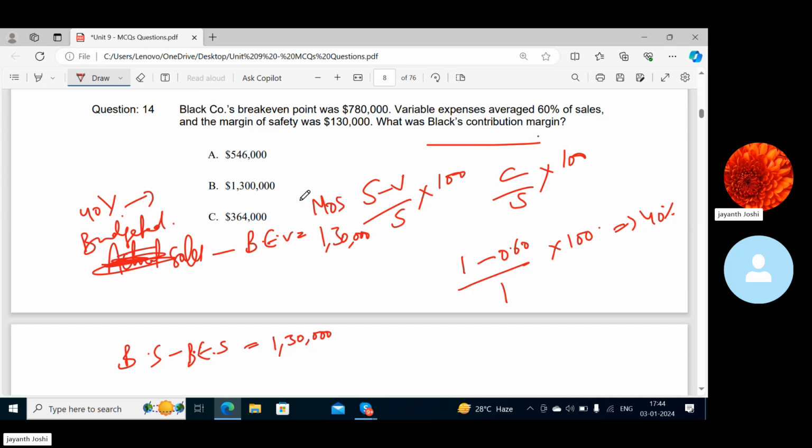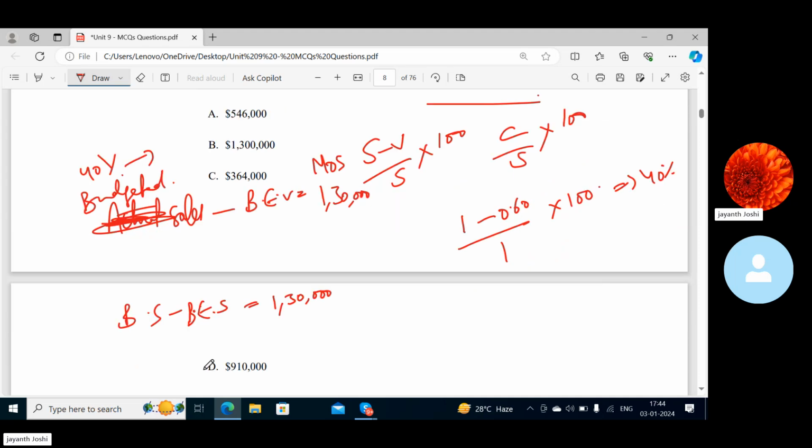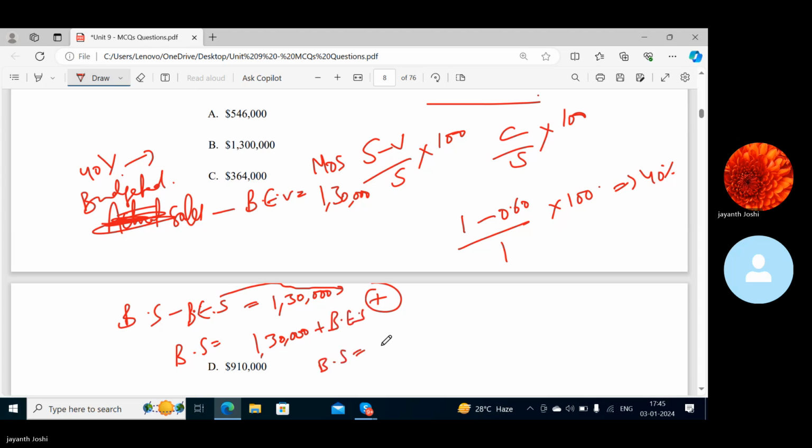Break-even sales is how much? 780, that is 7,80,000. So budgeted sales is equal to 130. So I'll take this here and it will be added. So budgeted sales is 130 plus 780, right? Yes. What is the answer?